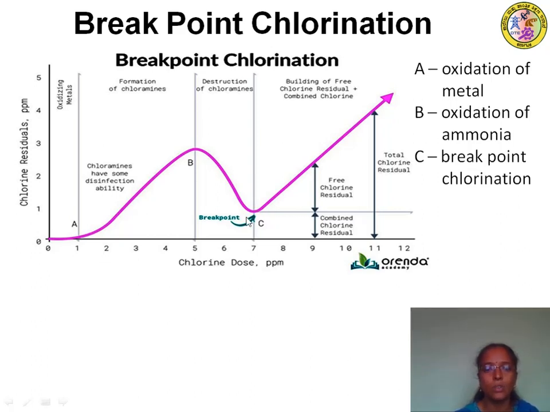If you add further beyond this point C, whatever you apply will not be utilized for oxidizing organic and inorganic impurities, because by point C all organic and inorganic impurities will be oxidized.